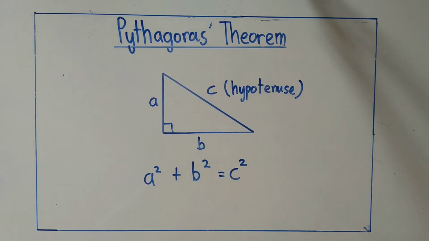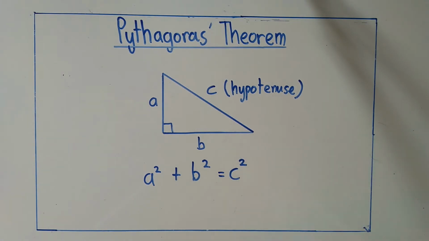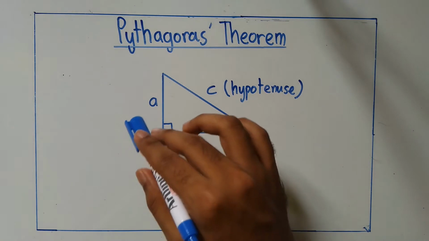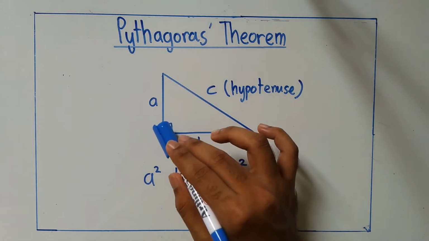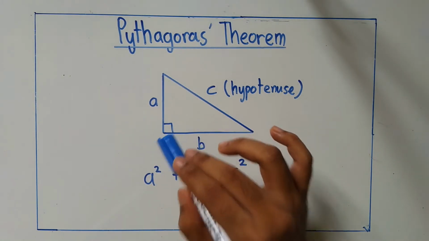Pythagoras' theorem states that the sum of squares of two perpendicular sides of the right-angled triangle equals the square of the hypotenuse. The right-angled triangle is identified by having two perpendicular sides, which are A and B. It is also denoted by having this small square in the triangle.